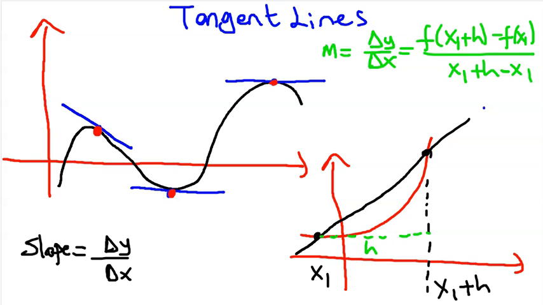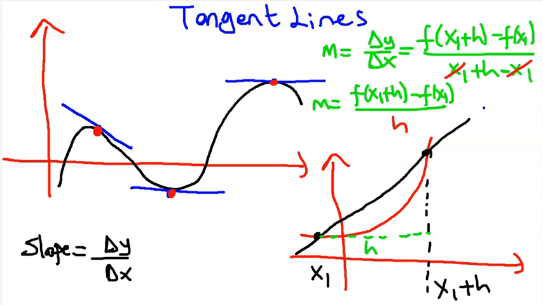This is going to be our slope. Now let's try to simplify it. So m is going to be equal to f of x1 plus h minus f of x1 over, since these two x1s cancel each other out, I'm left with only h in the denominator.